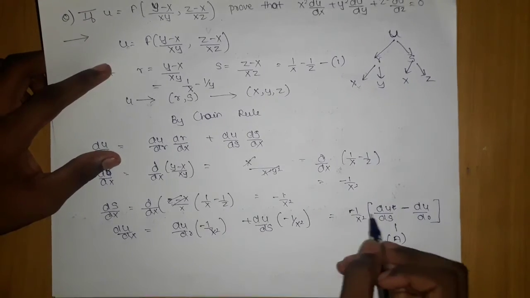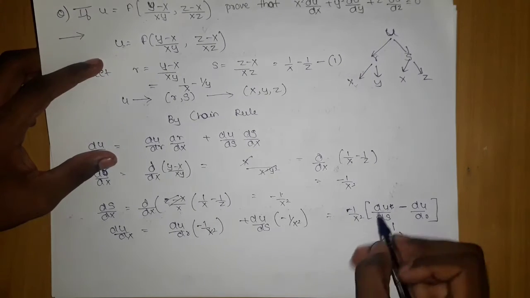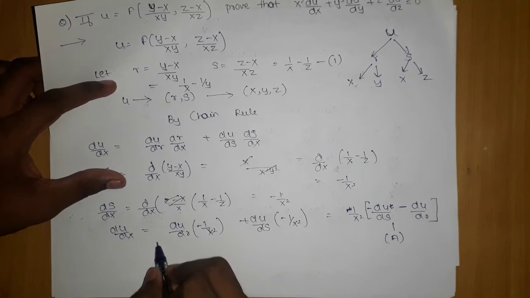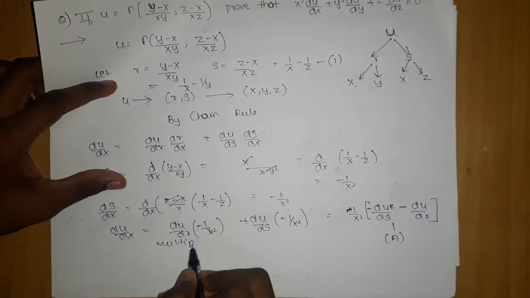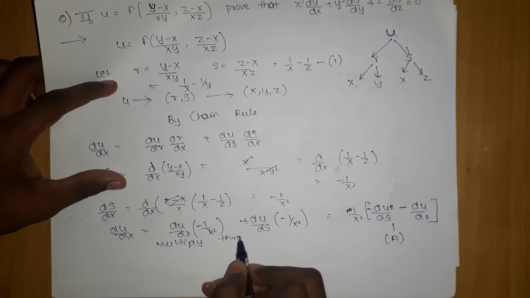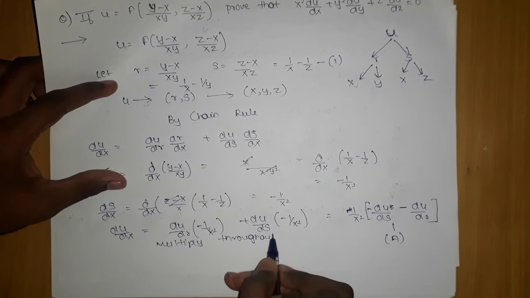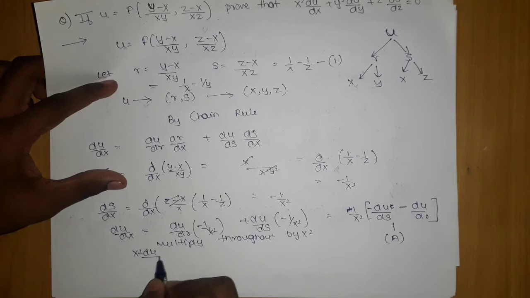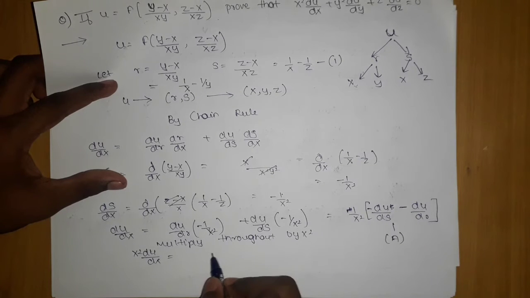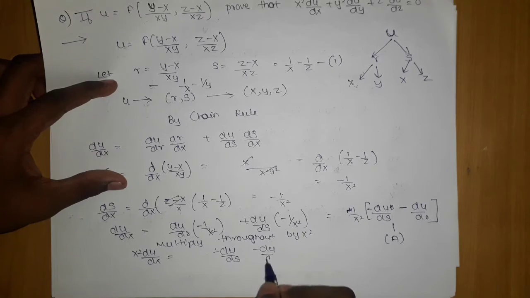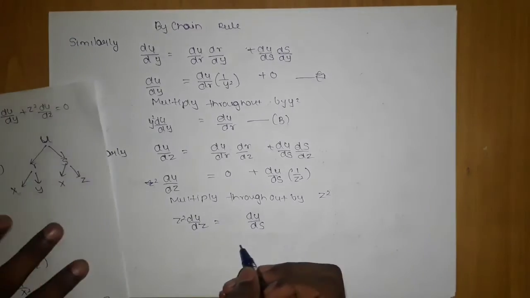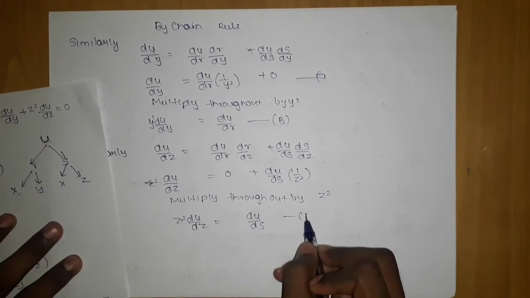Both terms had minus, so this one will also be minus. What we are going to do is multiply throughout by x square. So x square dou u by dou x is nothing but minus dou u by dou s minus dou u by dou r. Call it a. Now call this one C.